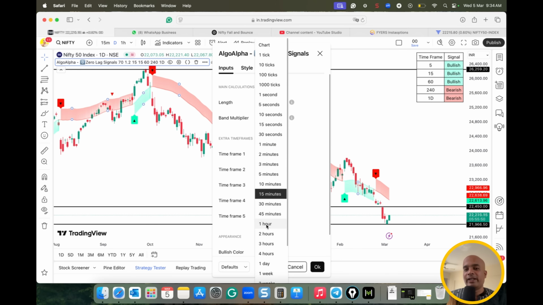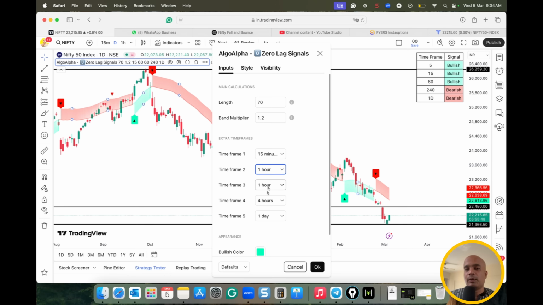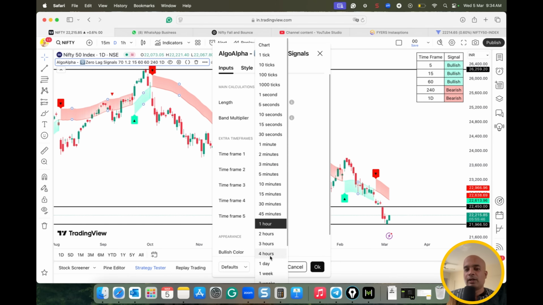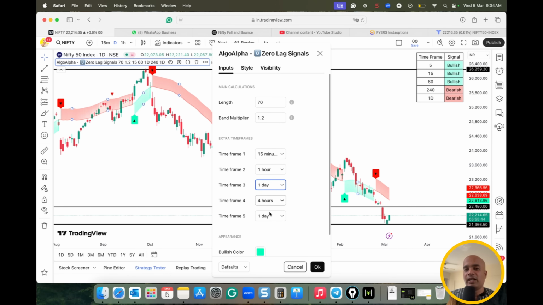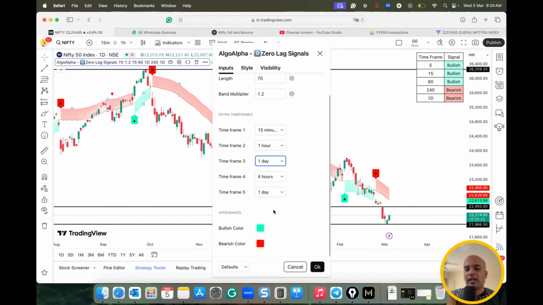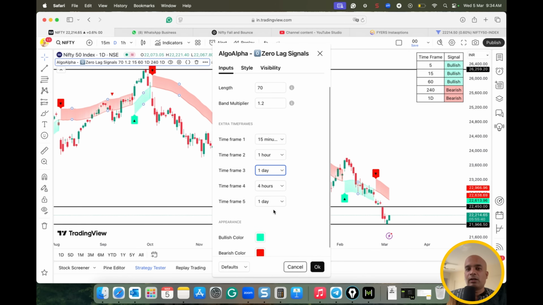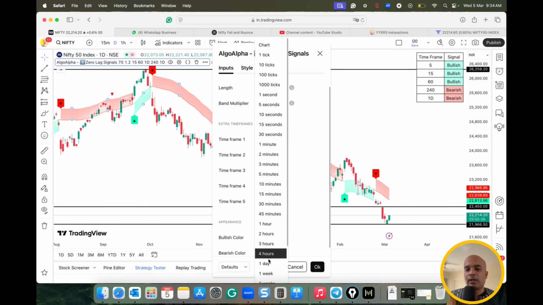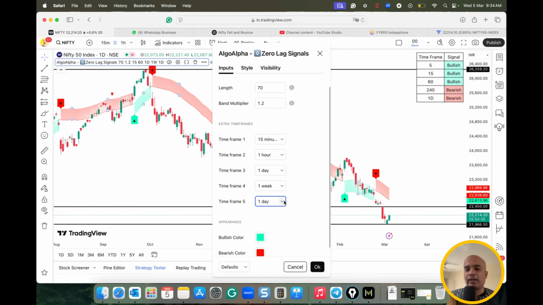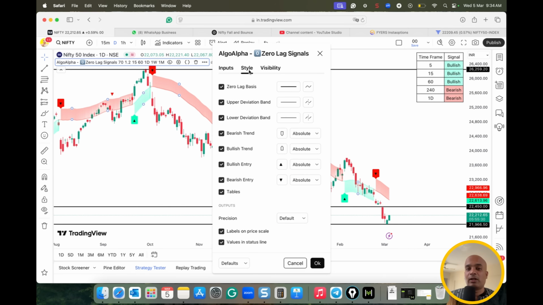Second one, hourly is enough. One daily is enough. Probably apart from these three, I don't need these things. So I will keep weekly, I will keep monthly. This is how I use it. You can also personalize these things based on your convenience.